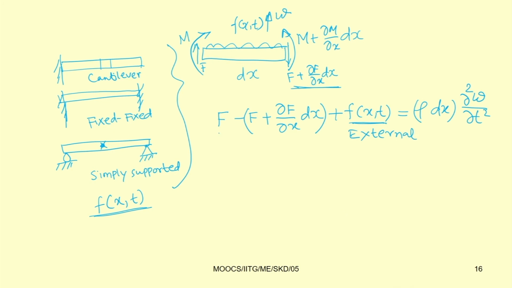This F is the shear force. This is the shear force at the left end, this is the shear force at the right end, and this is the external force. This is the mass of that element, rho dx, where rho is the mass per unit length.